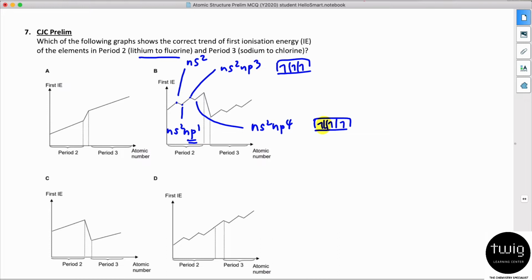After fluorine is neon. Neon has the highest, and after that the trend dips all the way down. Why does it go all the way down?